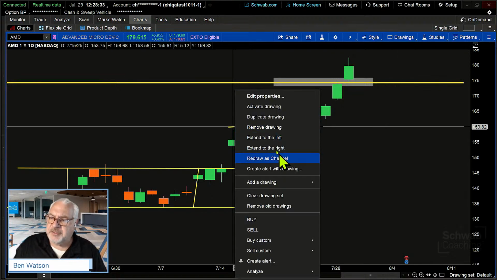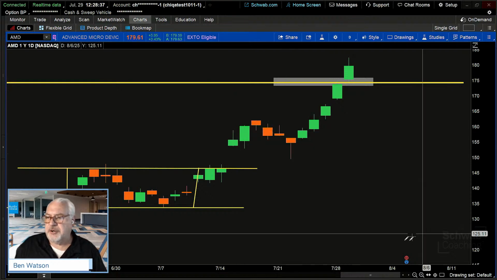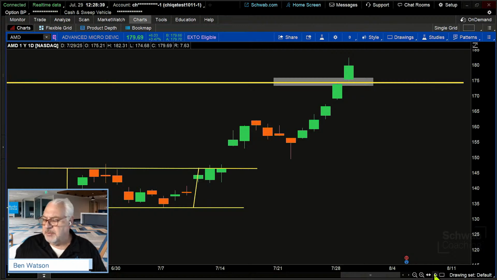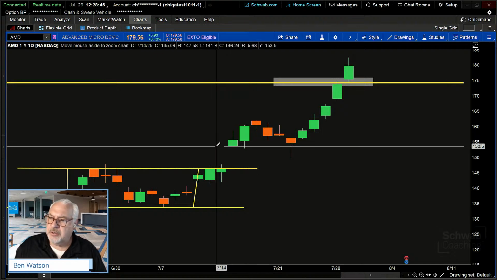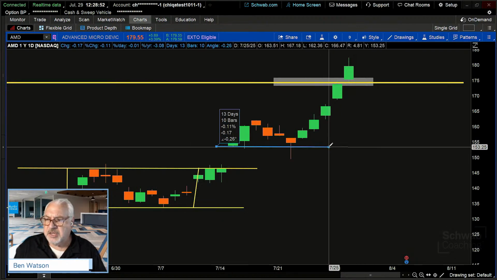So I'm going to remove a couple of these lines here. And I'm going to say, hey, you know what? I'm going to grab my line tool down here and draw in right about here. So notice what's gone on right here at about $153 or so, thereabouts. Again, remember, not too particular, not too precise.